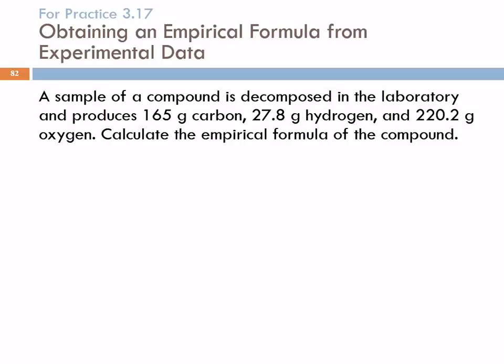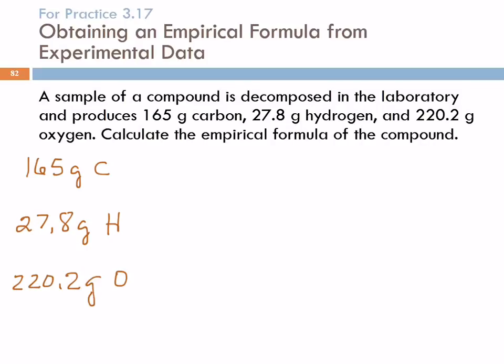So we're going to start with the mass of each element. So we've got 165 grams of carbon, and we've got 27.8 grams of hydrogen, and we have 220.2 grams of oxygen. We need to convert these into moles, and we do that using the molar masses from the periodic table.